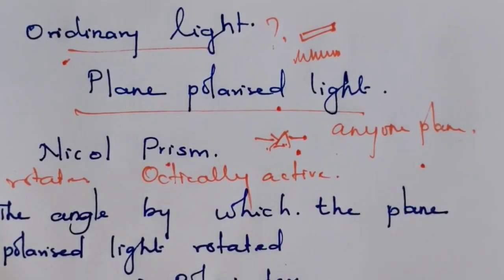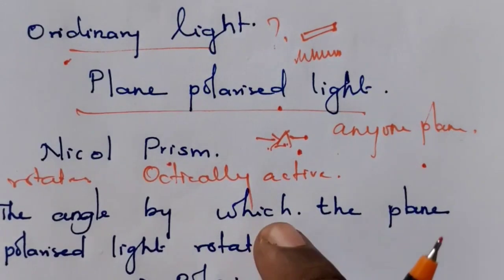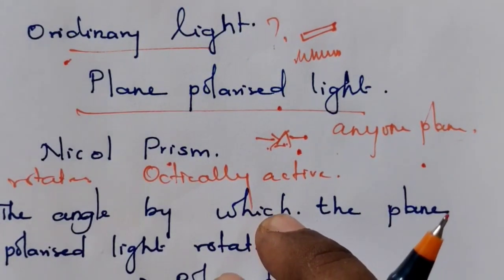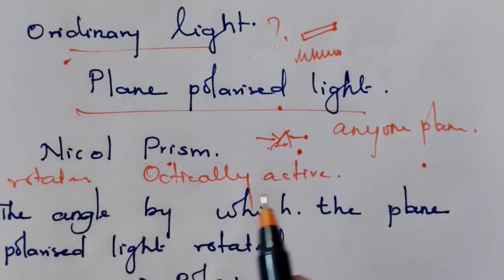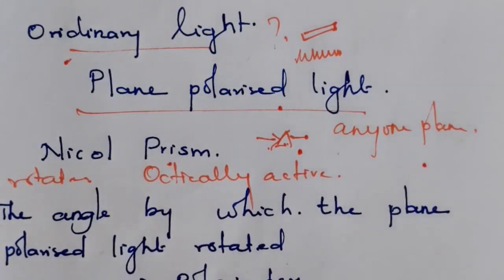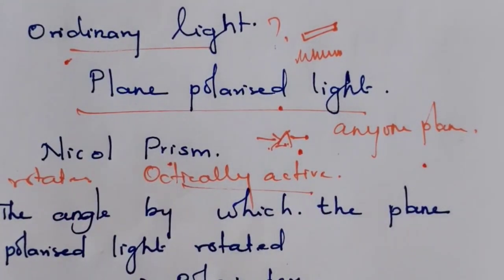When we pass plane polarized light through some other substance and it does not rotate, then that substance is called optically inactive. Based on this concept, substances are classified into two types, optically active and optically inactive. Those substances which have the ability to rotate the plane polarized light are called optically active substances.